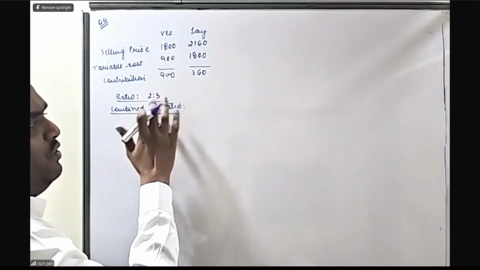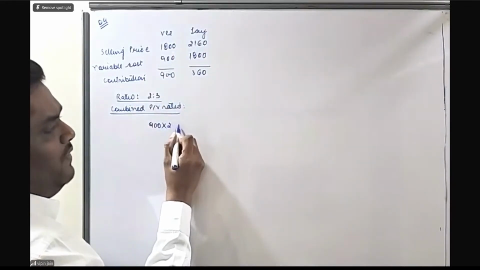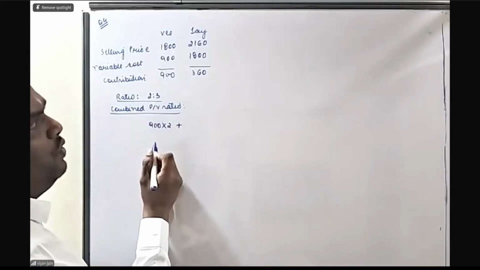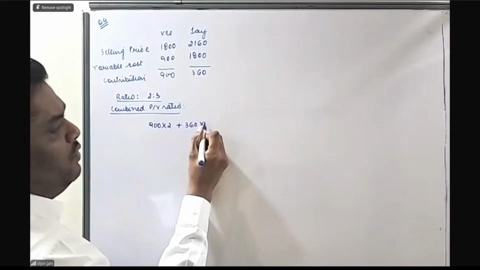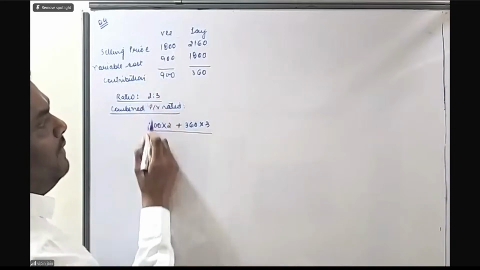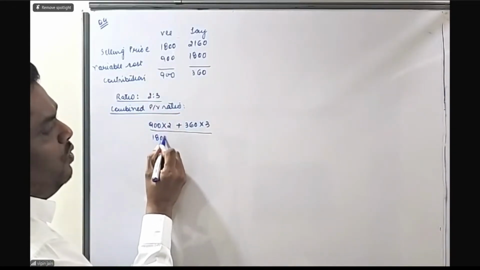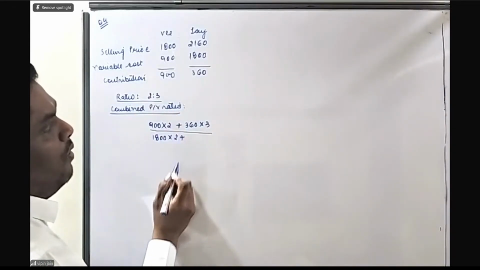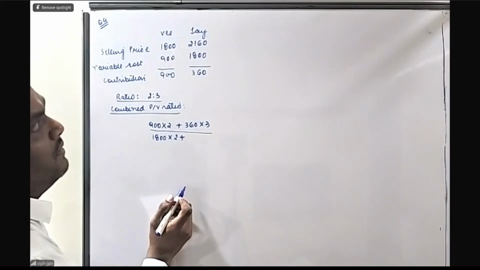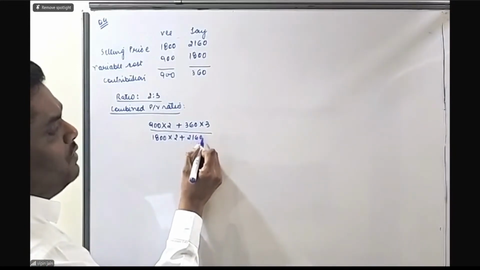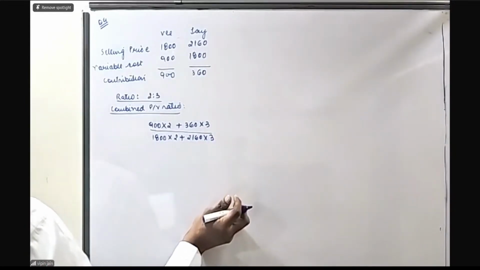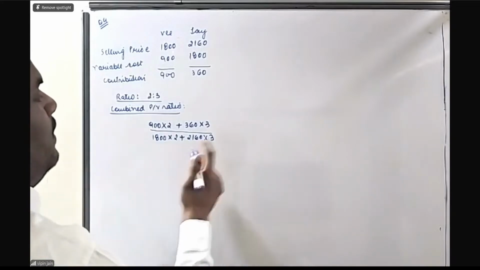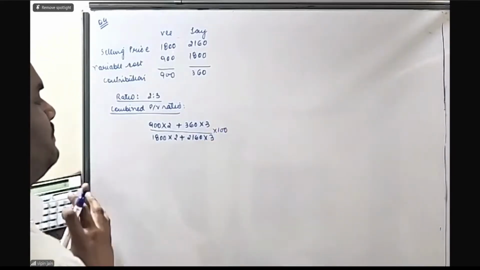But the ratio is different, so we'll give the weight of the ratio also. So 900 into 2 and 360 into 3 divided by 1800 into 2 plus 2160 into 3, multiplied by 100.